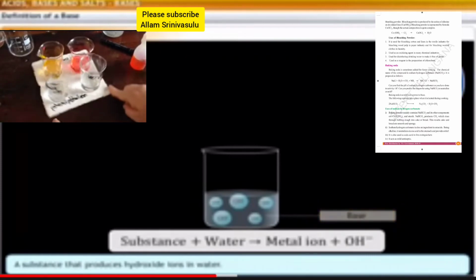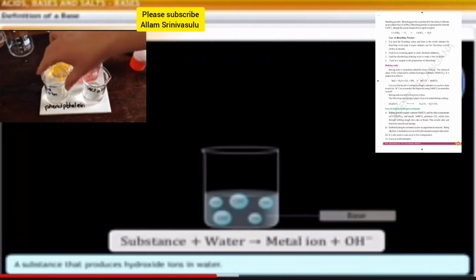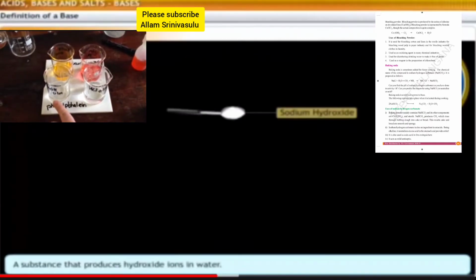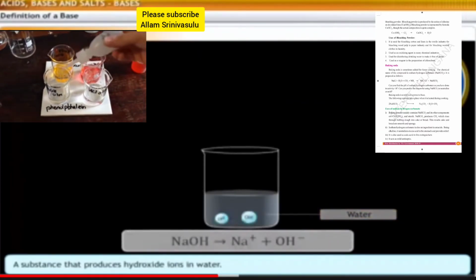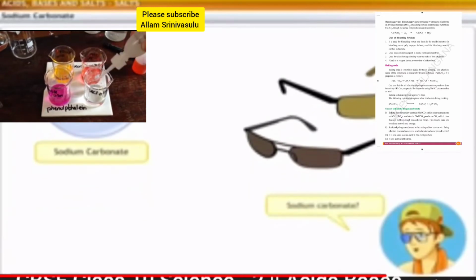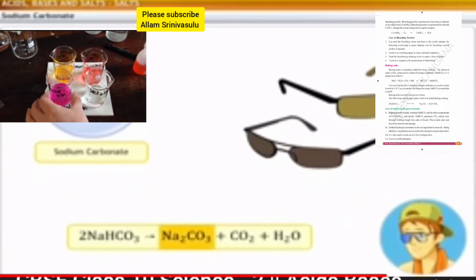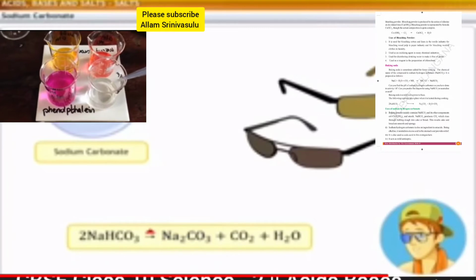Take some solution, mix with water, forming metal ions, metal oxide beside water, and pour in some sodium hydroxide. Sodium carbonate is used for making glass. Sodium bicarbonate, if you apply heat, forms sodium carbonate, carbon dioxide and water.